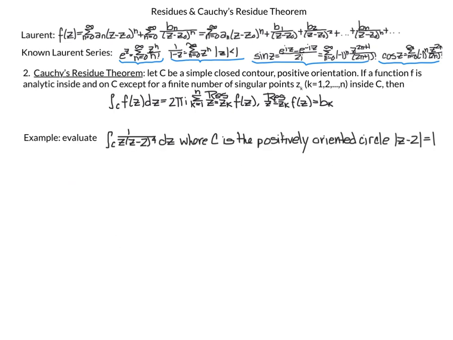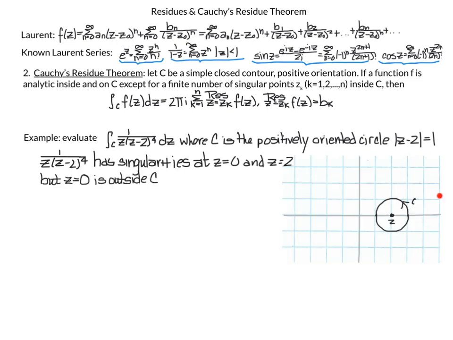Our next example is to evaluate the closed curve integral of 1 over z times (z minus 2) to the 4th, where C is the positively oriented circle centered at 2 with a radius 1. In other words, modulus of z minus 2 is equal to 1.